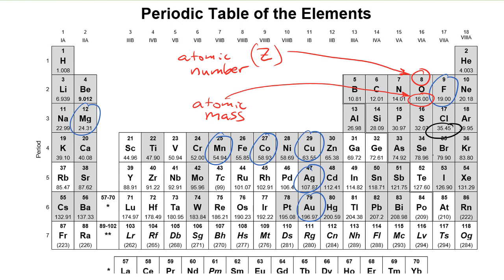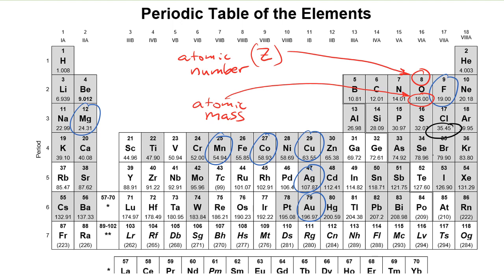Closer to 11. And if I told you that bromine over here has two naturally occurring isotopes, bromine 79 and bromine 81, what could we guess about the relative abundances of those two isotopes? Pretty equal.